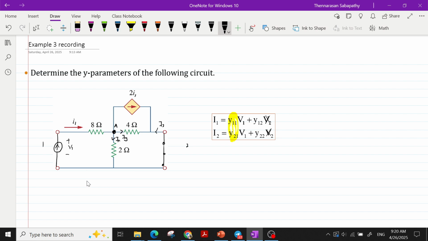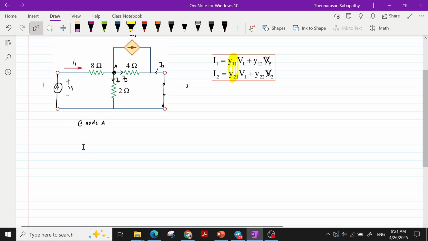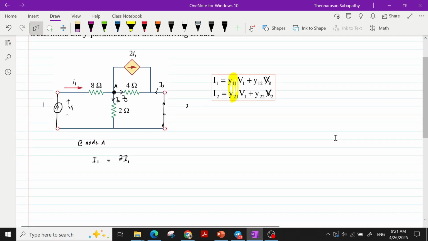So at node A, I1, the current going inside, equals 2I1 coming out of the node, as you see above here we have 2I1, plus Ix plus Iy.